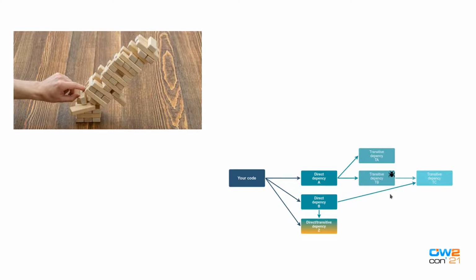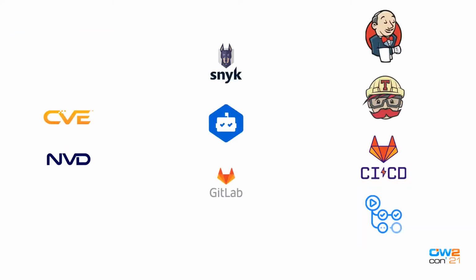So maybe there is a security issue in one of the transitive dependencies and it will impact your code. Due to this huge graph of dependencies, it's difficult to manually search and assess quality for each library. So nowadays you have tools that help you with that.